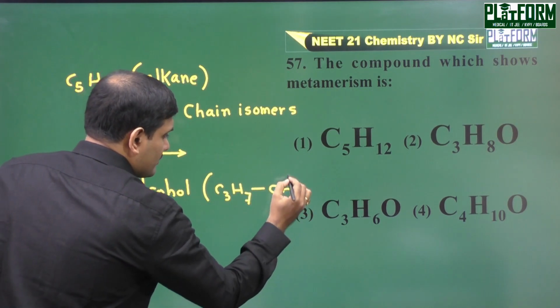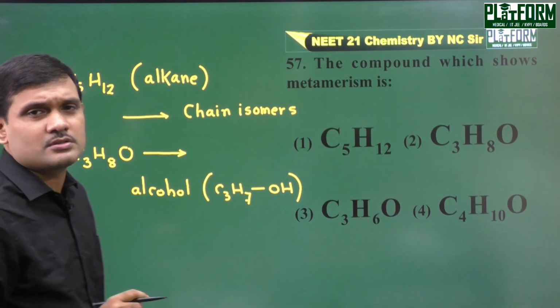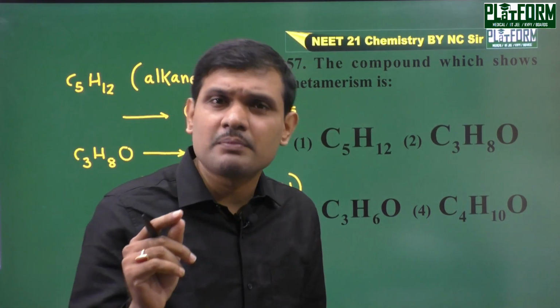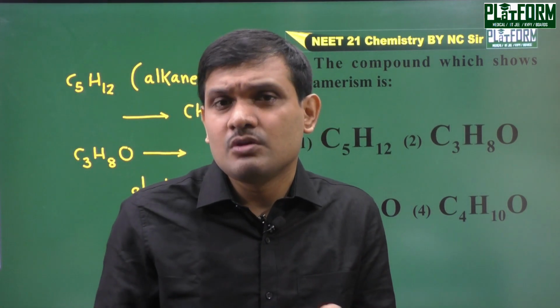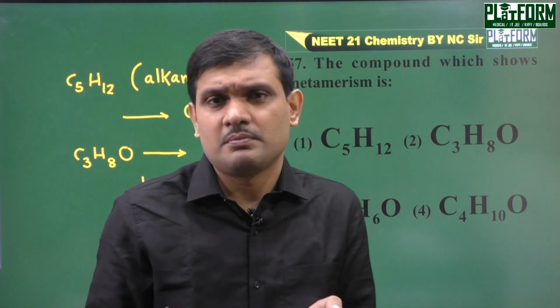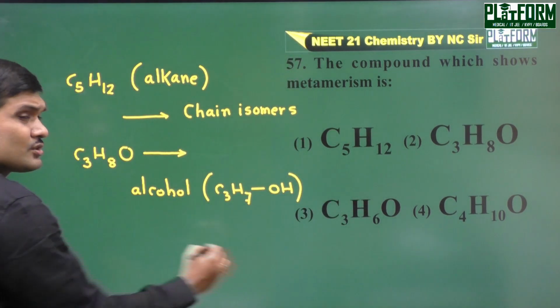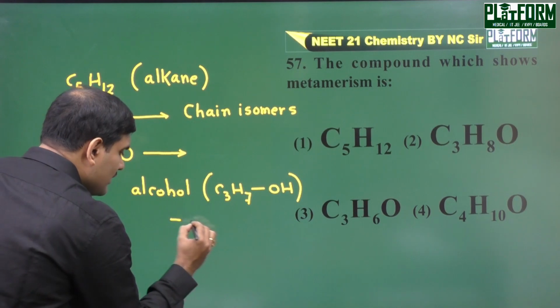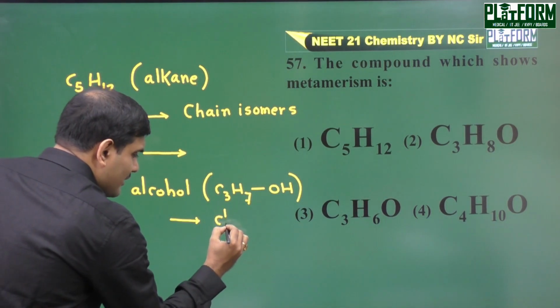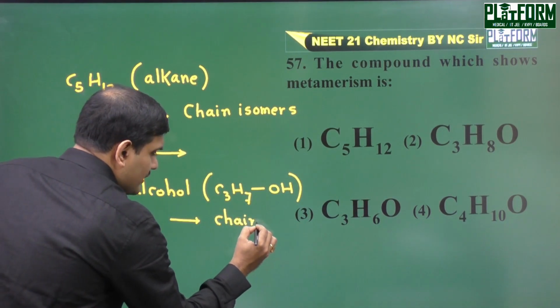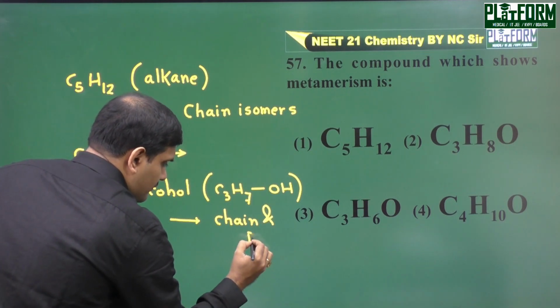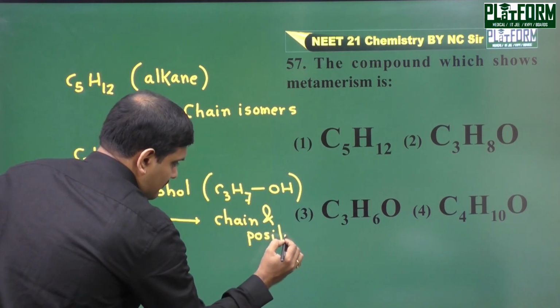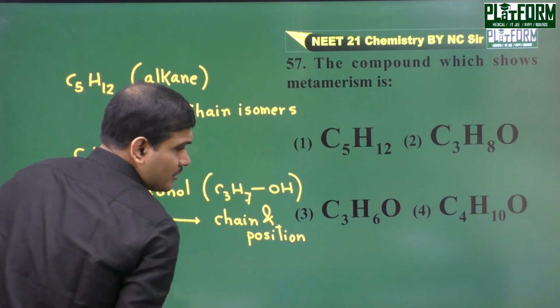And for alcoholic system, you may produce the chain isomer, you may produce the positional isomer, but you can never produce the metamer. In this case, you can produce only chain and position isomers.